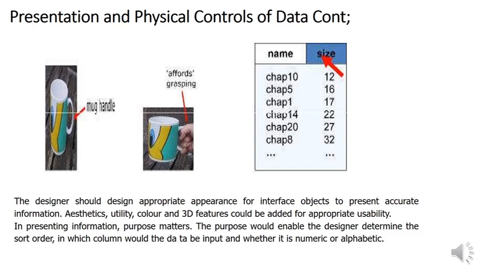In presenting information, purpose matters. The purpose will enable the designer to determine the sort order in which columns will be presented, how data will be input, and whether it is numeric or alphabetic.